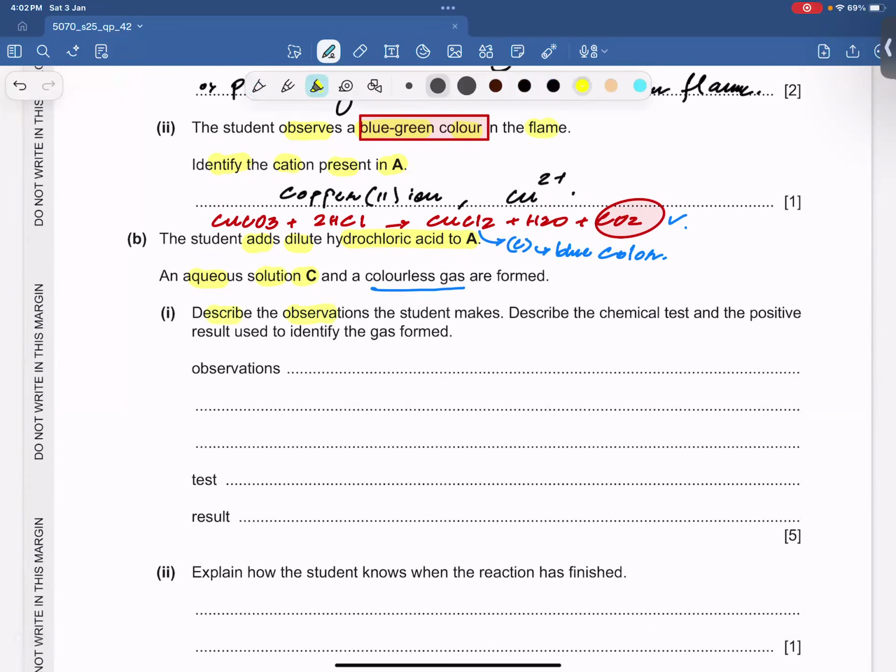Describe the observation the student makes, and describe the chemical test and positive result used to identify the gas formed. Observation: brisk effervescence is given off. This term brisk effervescence is normally used for carbon dioxide gas. Okay.